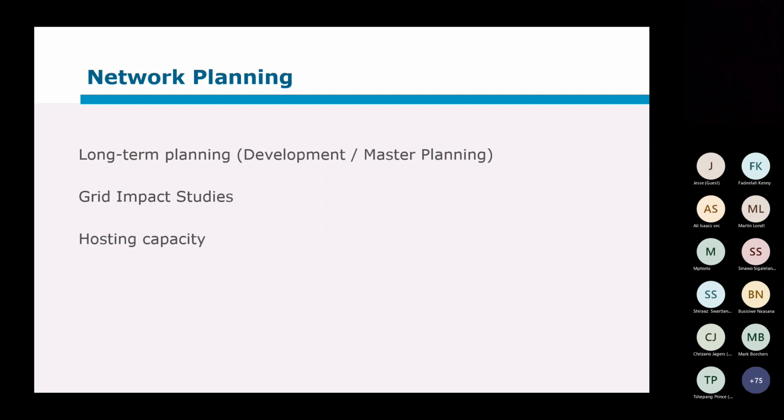So for you to, this is still on an overview, for you to assess the network, we've spoken now about grid impact studies, but ideally, one would actually look at long-term planning, just like you do your long-term forecasting and planning for network expansion.